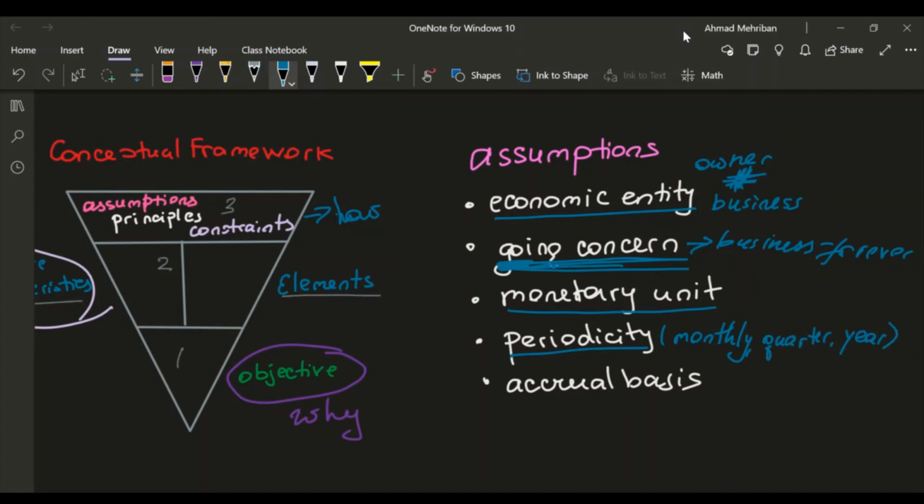And the last one is accrual basis. This is the most recent one. We've discussed it a lot, and I hope we will understand it much more clearly in the future. But accrual basis implies that transactions that change financial statements are recorded at the time they occurred, not based on the cash movement.